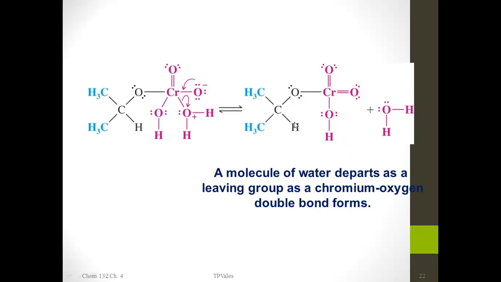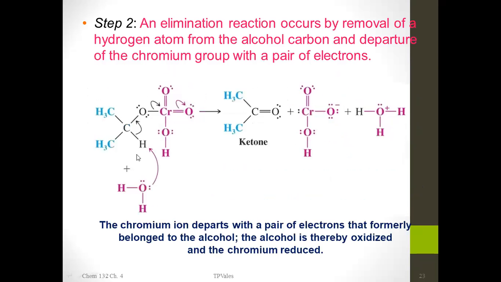So you get your OH here instead of hydrogen. And then after that, chromium will leave, and you get your OH like this one.